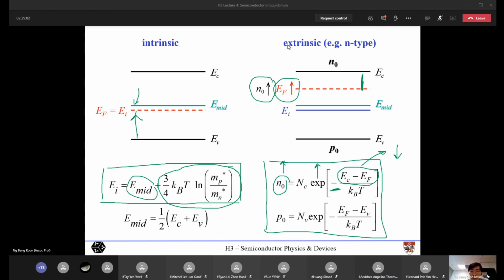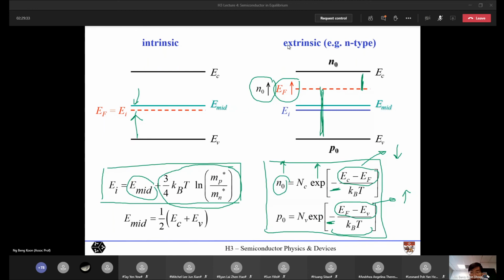How about the effect on P0? We can also think through similarly. If the EF moves close to the conduction band edge, then the separation from the Fermi level to the valence band edge will increase. In other words, EF minus EV will grow in value. The magnitude will go up, and because there's a negative sign there, this quantity becomes more negative.